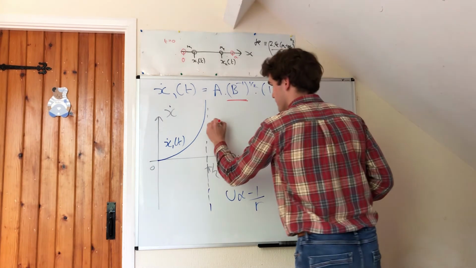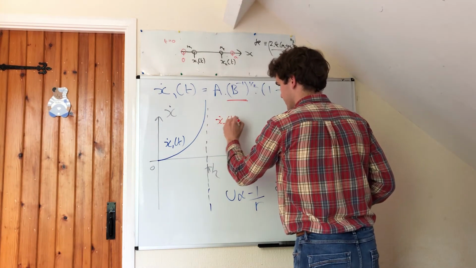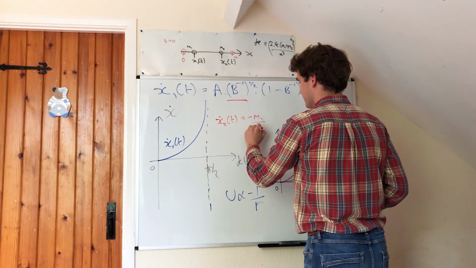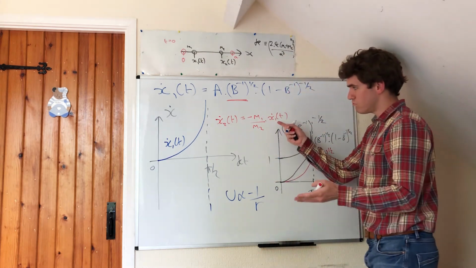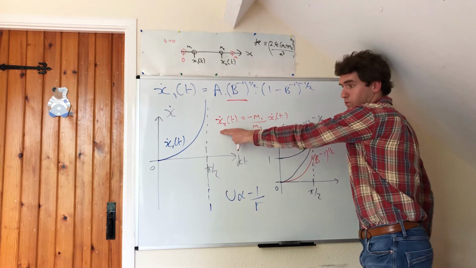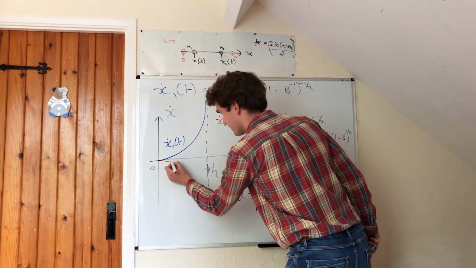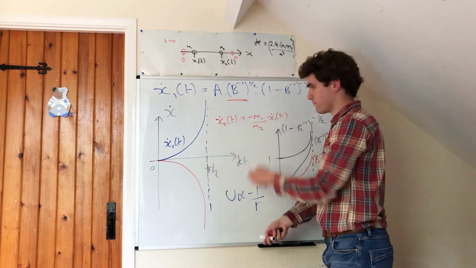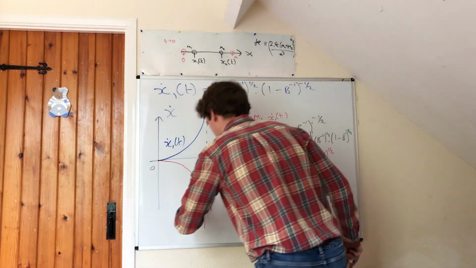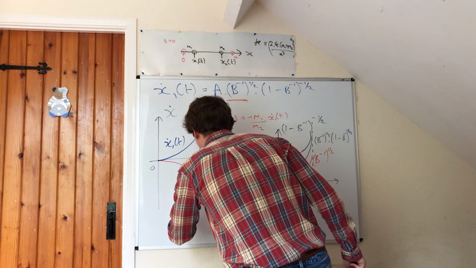Okay, what about the second mass? Well, we know from the previous video that the second mass's velocity is given by this equation. And that just means that the second mass will have a form that looks like this. Because it's just the negative of the first one, multiplied by some constant, but again, we don't really care about it because we're only really interested in the form.